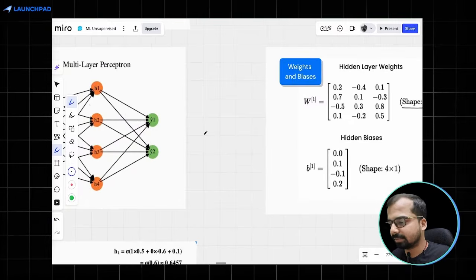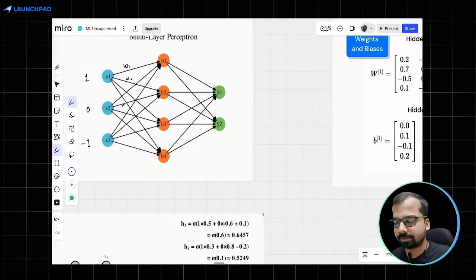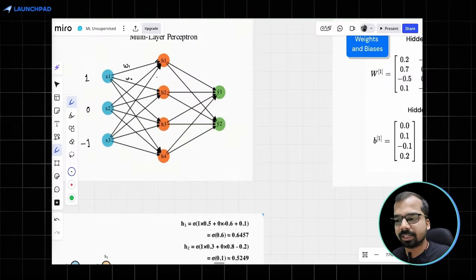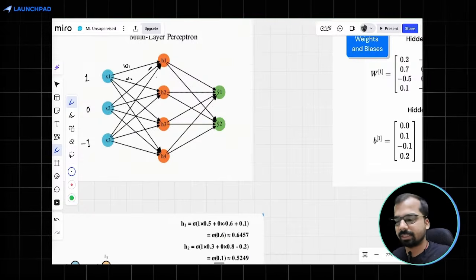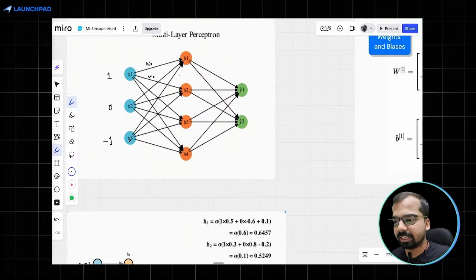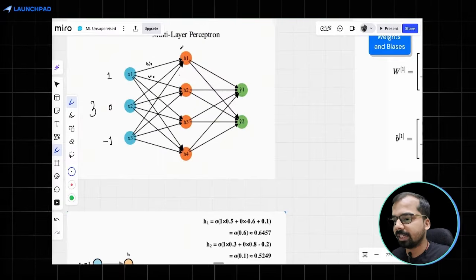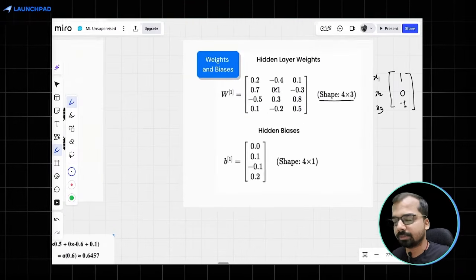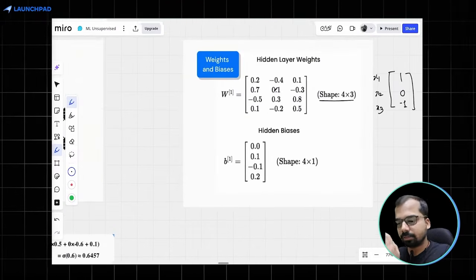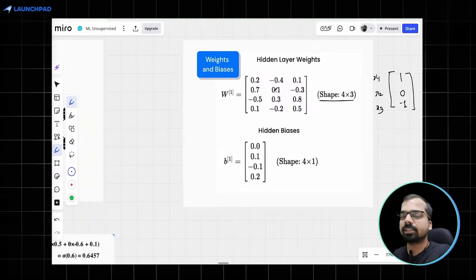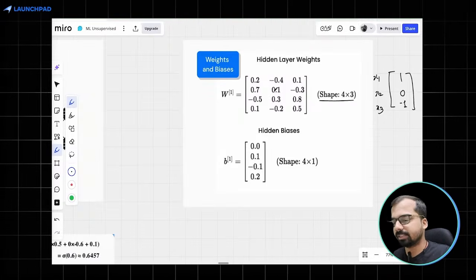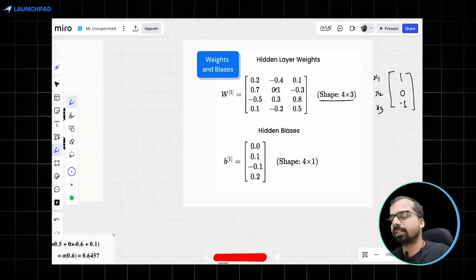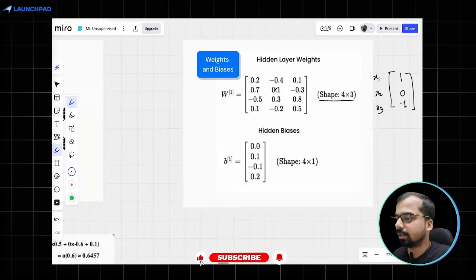So basically, if you see this first, the connection from input to the first hidden layer, here you have 3 inputs and here you have 4 neurons, right? So this is a 4 by 3 matrix. In deep learning, matrix computation happens. We calculate that weighted sum, right? That weighted sum is actually done by this matrix calculation.